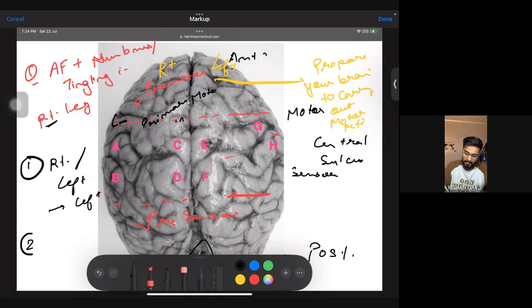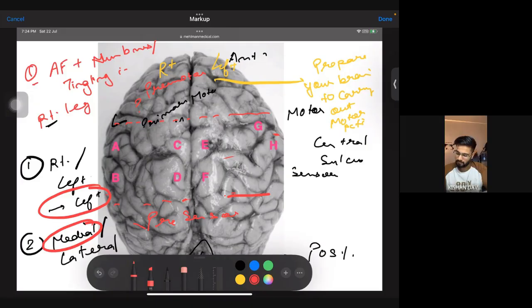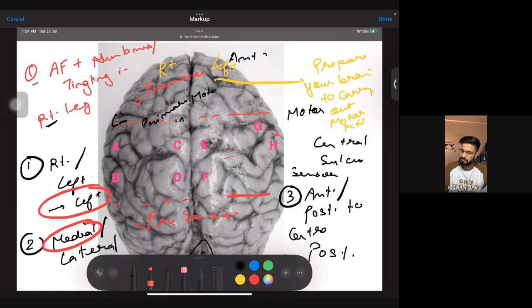Second question, medial or lateral? Answer, come on. Medial. Why medial, Srishti? Give the explanation. According to the homunculus, yes, medial, yes, lower limbs, perfect. Now third, is it anterior or posterior to the central sulcus?